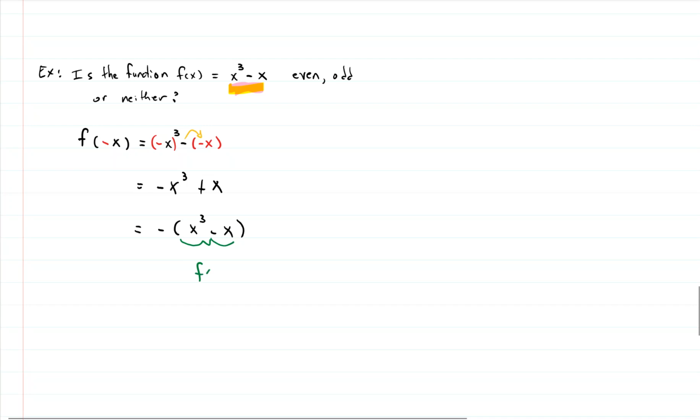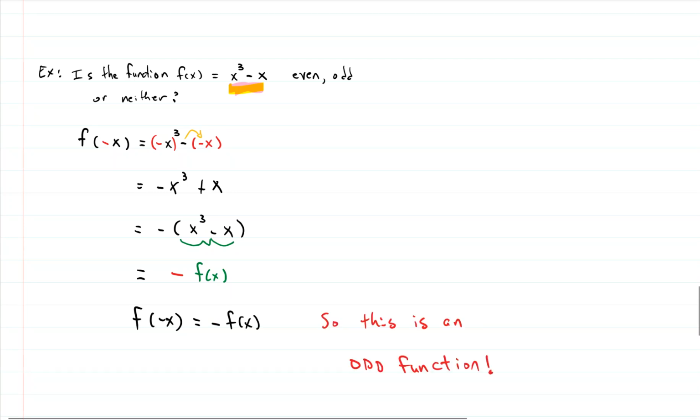Well, that's the function itself, right? So we got back the negative of the function. So we plugged in negative x into the original equation, and we got back the negative of the function. So this is an odd function.